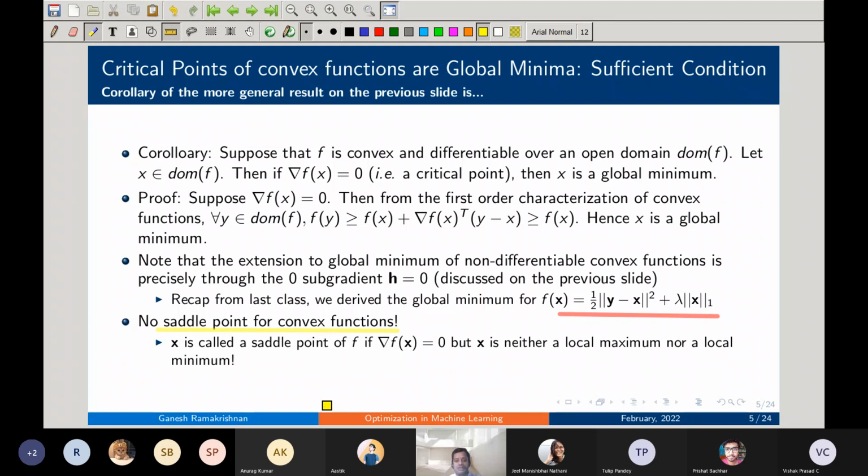You have all seen a horse saddle, right? In the next slide, I'll be showing you a horse saddle, which is very characteristic. One side you move, you basically get increasing values of the function, a curvature upwards. Another side you move, you start seeing curvature downwards. That is the basic notion of a saddle point.